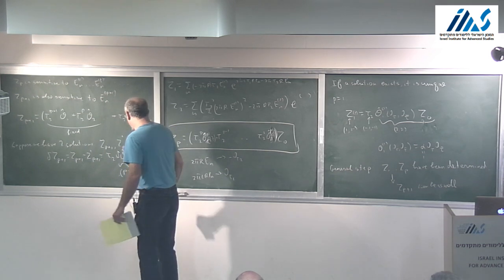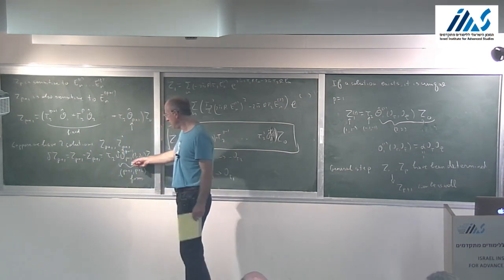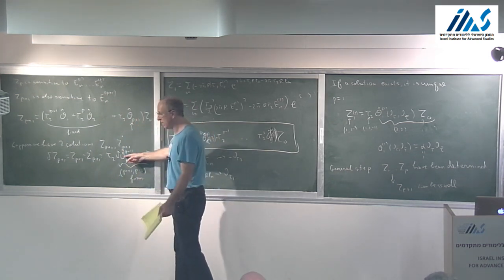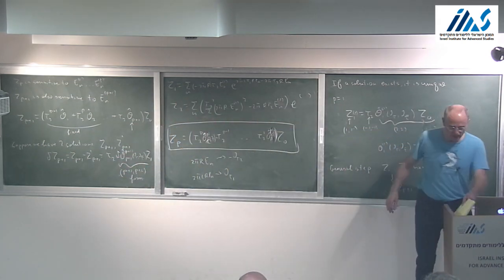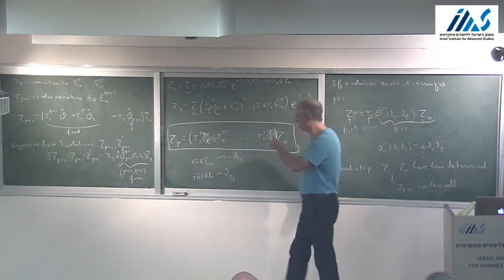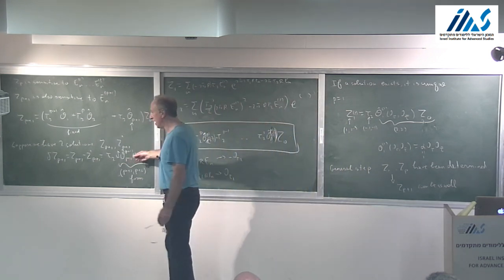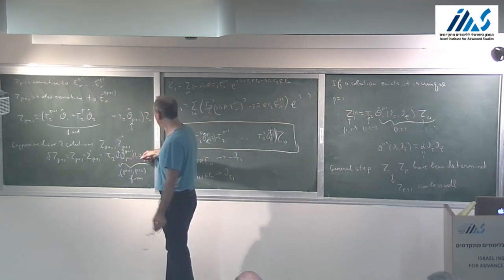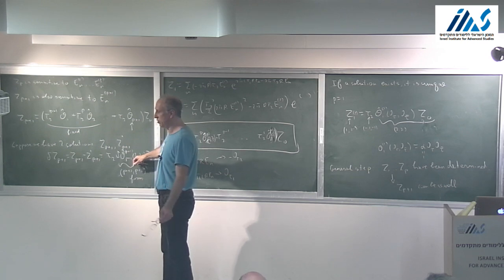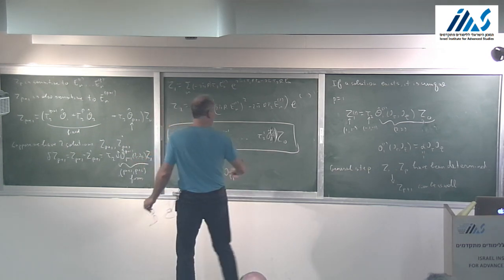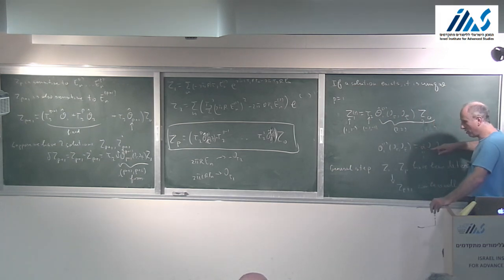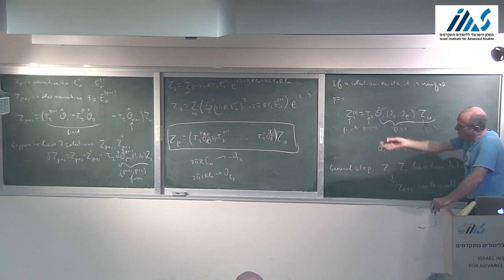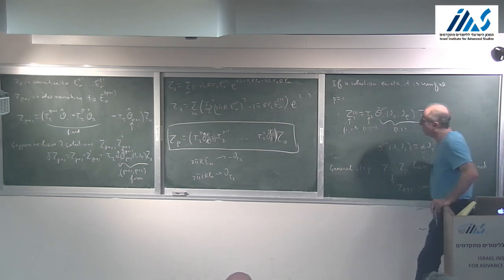Okay? Now, such animals do not exist. It's very easy to show. I don't want to spend more time on this, but it's very easy to show that you cannot act on a modular invariant function with just derivatives with respect to tau and tau bar. I guess the only place where they do exist, which is why I did this separately here, is p equals 0, in that language.